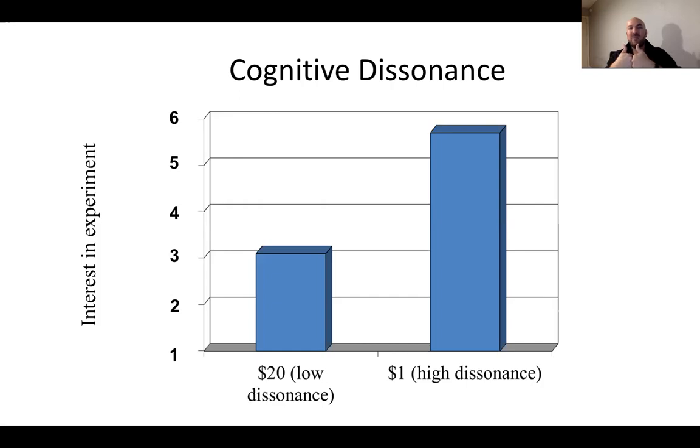Well, I wasn't being paid enough, right? It was only $1. Is that enough to justify why my attitudes and behavior weren't aligning? And the answer is no. For those folks that were only paid $1, they didn't have sufficient justification to rationalize why they were lying. They experienced a lot of dissonance when their attitude and behavior didn't align.